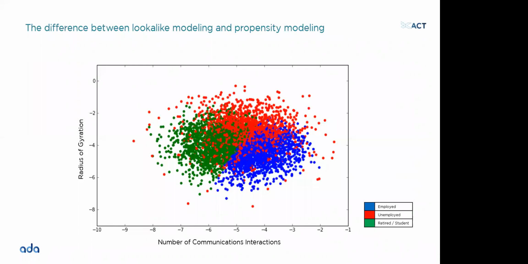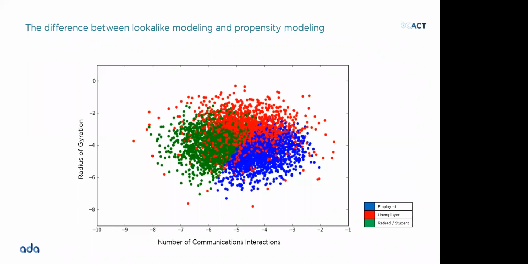Now suppose we take these two predictors and we use some kind of algorithm to output a predictive model. And this predictive model classifies people into three categories: employed, unemployed, and retired. And so you will get an output that looks like this. The model will score and label devices into three labels.